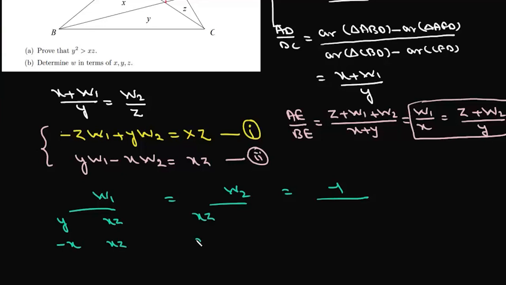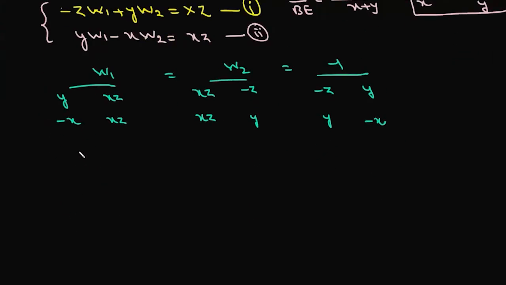Now this is XZ, XZ, minus Z, Y. This is minus Z, Y, Y, and minus X. So it is W1 upon XZ times (X plus Y), and this is W2 upon XZ times (Y plus Z), and here it will be minus 1 upon (XZ minus Y square).